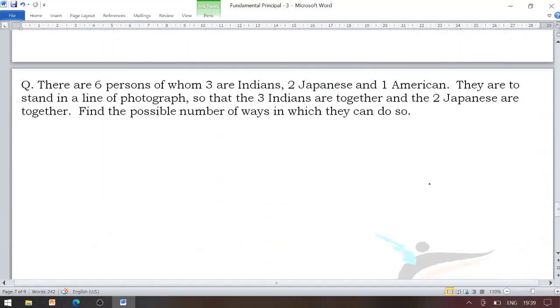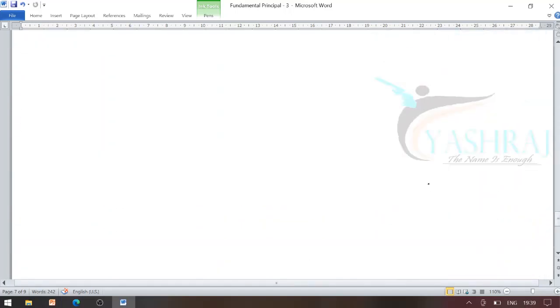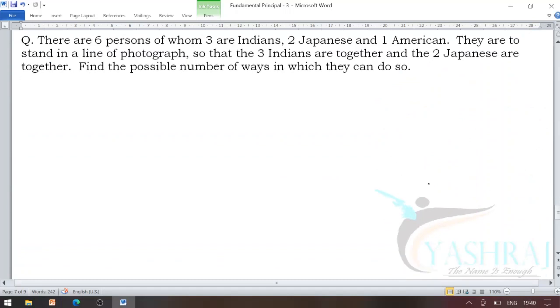Now look at the next question we have. There are 6 persons, of whom 3 are Indians, 2 are Japanese and 1 is American. So we have been given the distribution of the 6 persons. I will write here as per the given data: 3 are I, which stands for Indian, 2 are J, which stands for Japanese, and 1 is A, which stands for American.